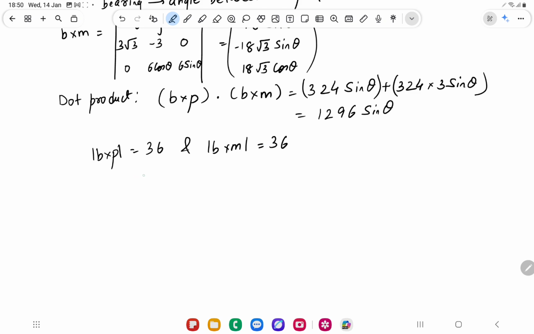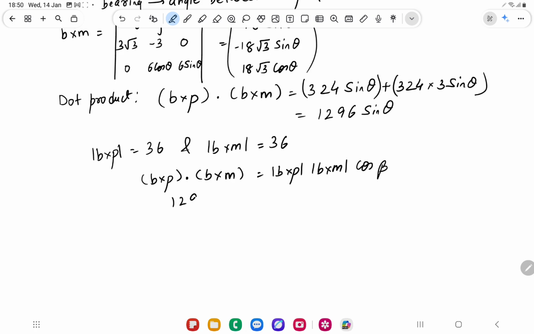So again, if I write my dot product formula, this will be magnitude of B cross P into magnitude of B cross M, let's say cos beta.